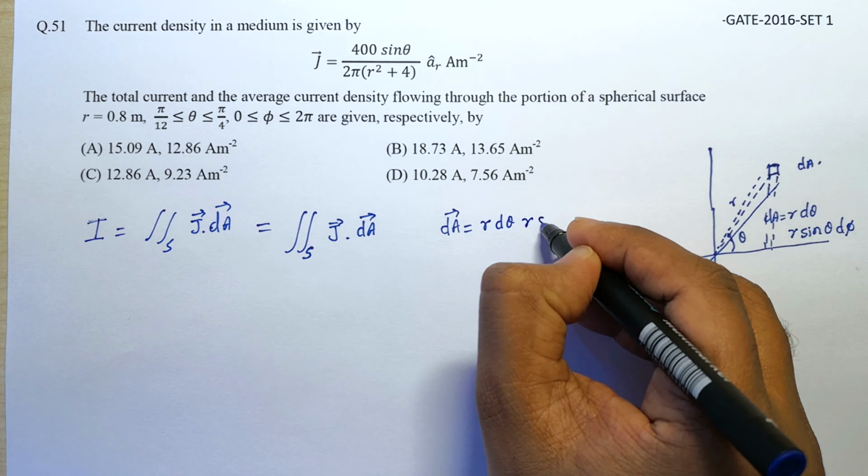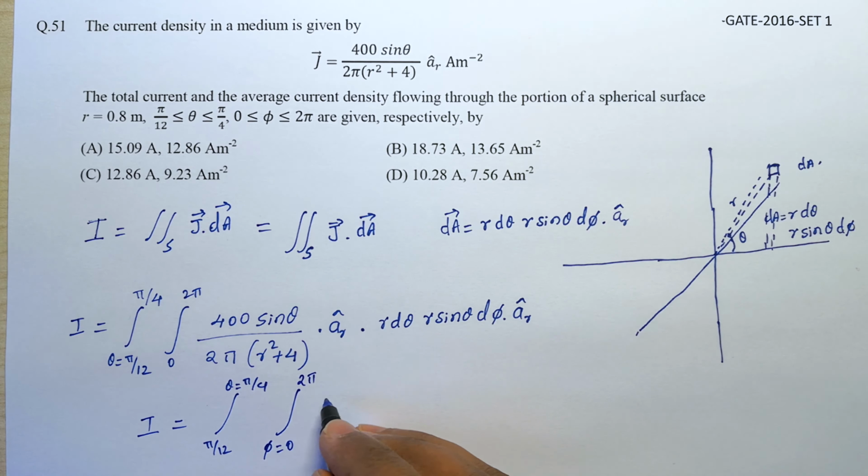These two are in the same direction, so the effective dot product is just 1, and what we are left with is I equal to the integral from theta equal to pi by 12 to pi by 4, and phi going from 0 to 2 pi, of 400 sin theta divided by 2 pi r square plus 4, times r square, d theta and d phi.